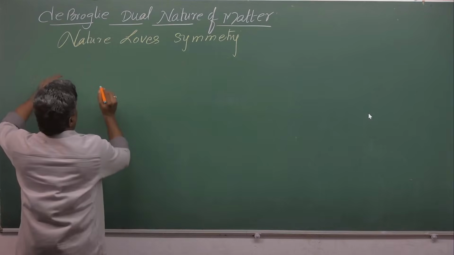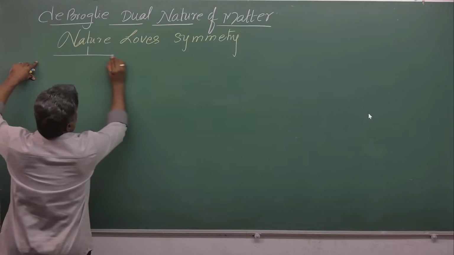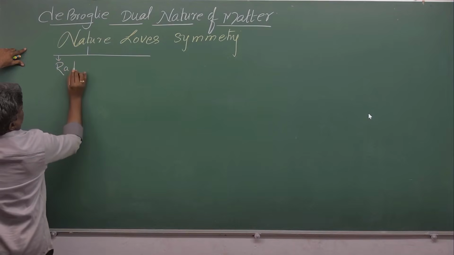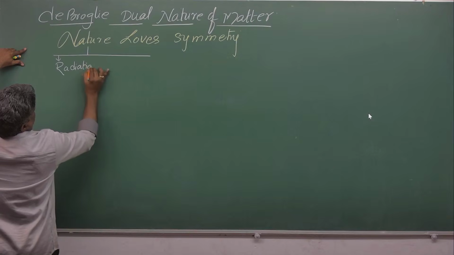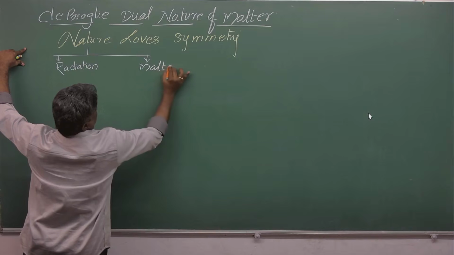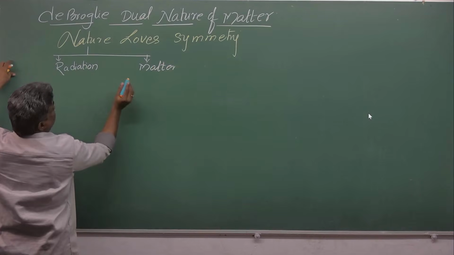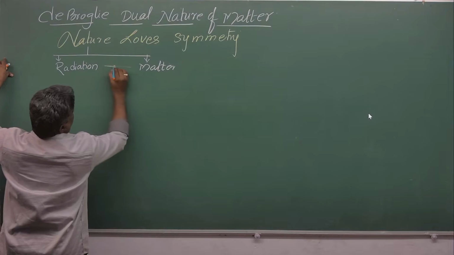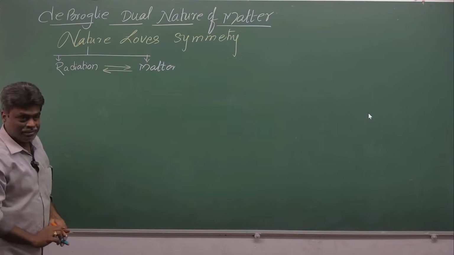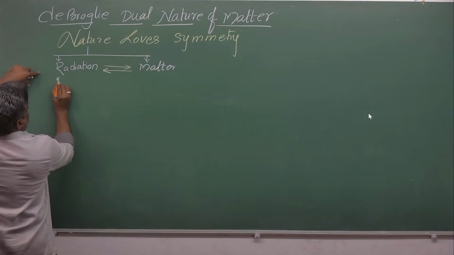Good. So this nature consists of only two things: one is radiation, another is matter. But remember, in this universe, there is always this conversion, radiation to matter, matter to radiation. I will tell you an example, in case you forget.